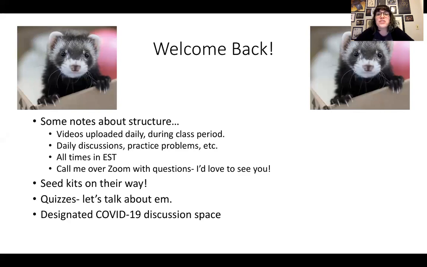So one other thing I want to address before we start talking about our stuff for today is I want to sort of address the big, viral elephant in the room, which is COVID-19. The reason we're here and doing this and trying all this new stuff and not together at school, right, where we'd like to be.